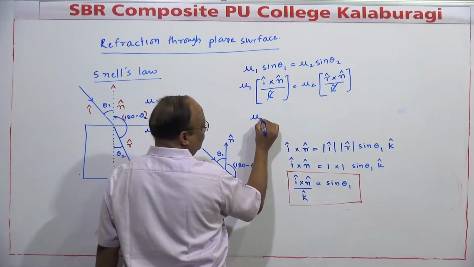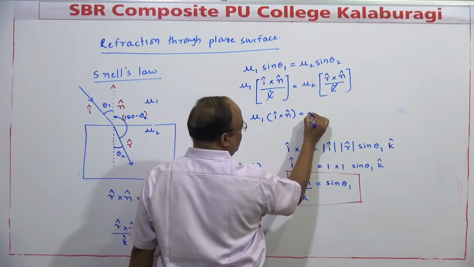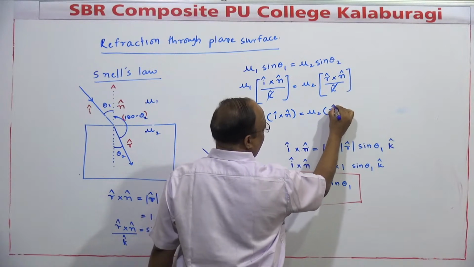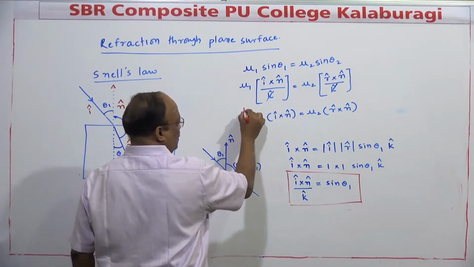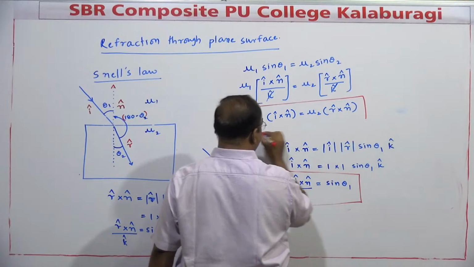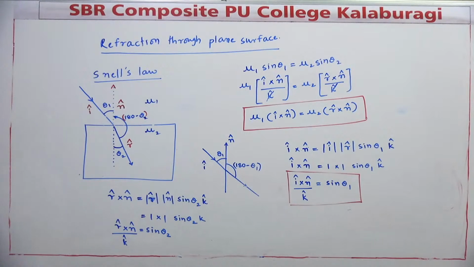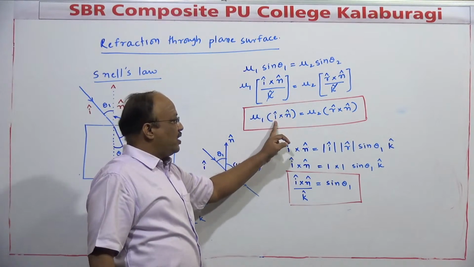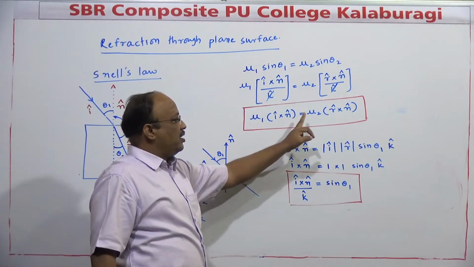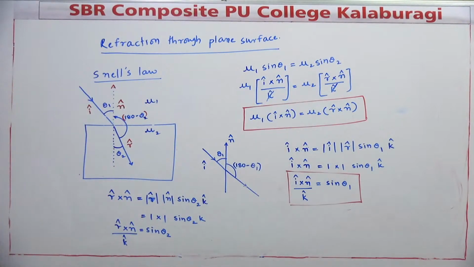So mu1 I cross n is equal to mu2 into r cross n. So this is our vector form of Snell's second law: mu1 instead of sine theta 1, I have I cross n; mu2 r cross n. This is the vector form of Snell's second law.